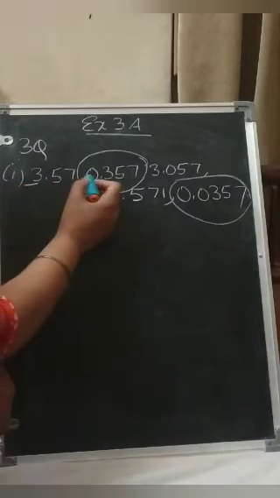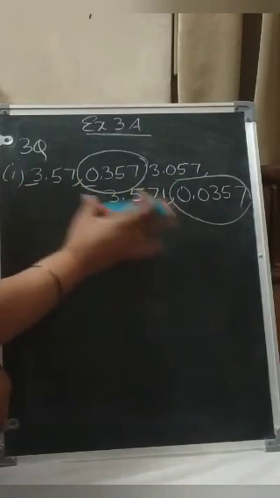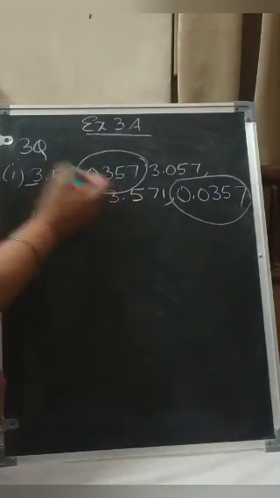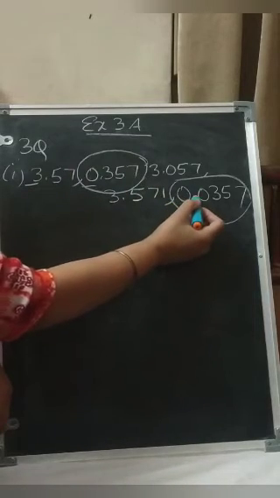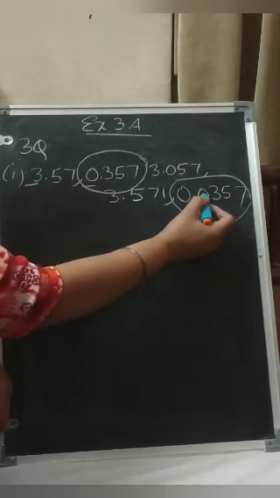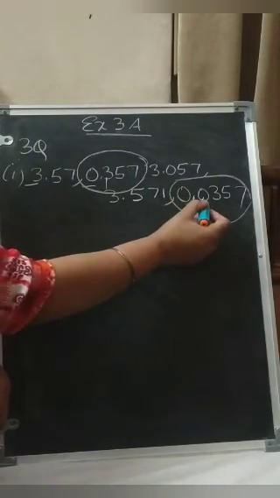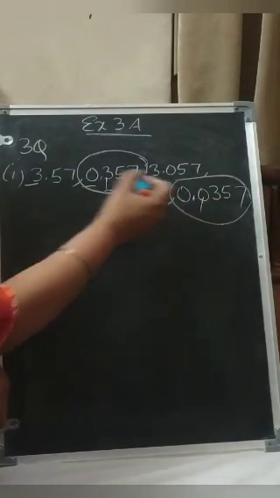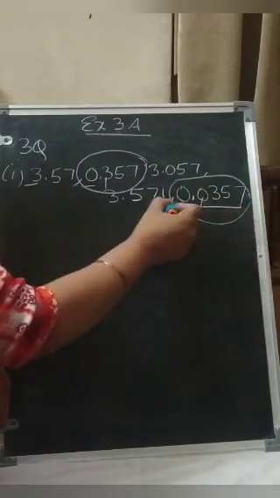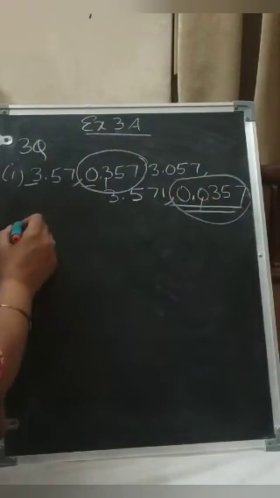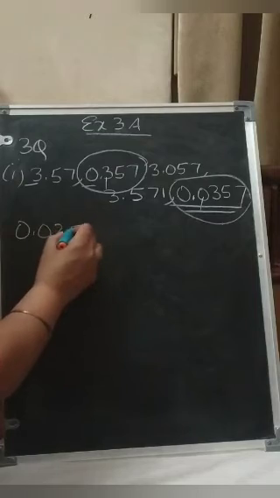This is 0, 0. We will compare place value with place value. Here after the decimal is 0 and here after the decimal is 3. So it is very clear that this 0 is smaller than 3. That's why this number will come in the very first place. This is the smallest.